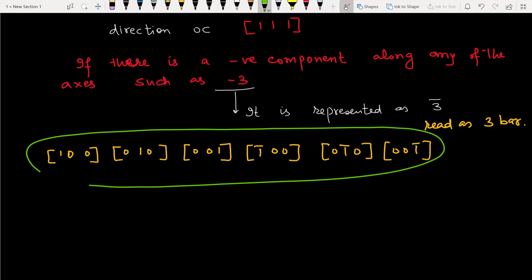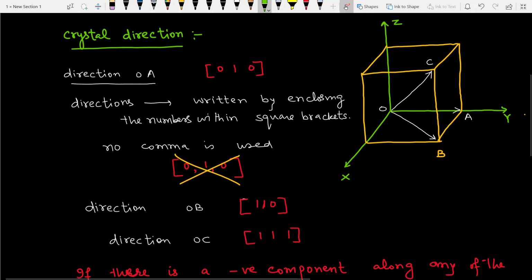There is no difference in terms of Miller indices. Why? Because if we designate it with y, this with z, this with x, then the point A direction, as it is along the z axis, will be 0 0 1, and if we represent this by the x axis, then it will be 1 0 0. The point is the same, the direction is the same.